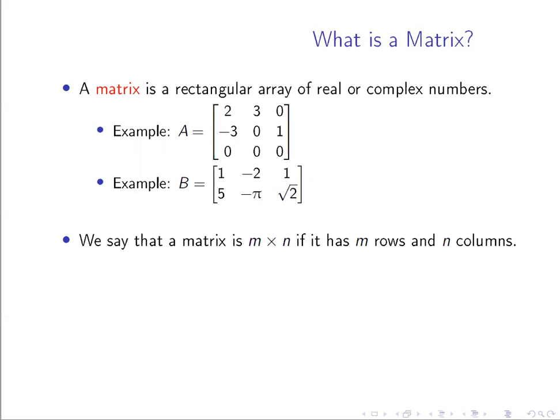A matrix is M by N, where M is the number of rows and N is the number of columns. So rows always comes first, columns second. So A is 3 by 3, and B is what? How would you define B? Hopefully you thought about that for a second and said it's 2 by 3.